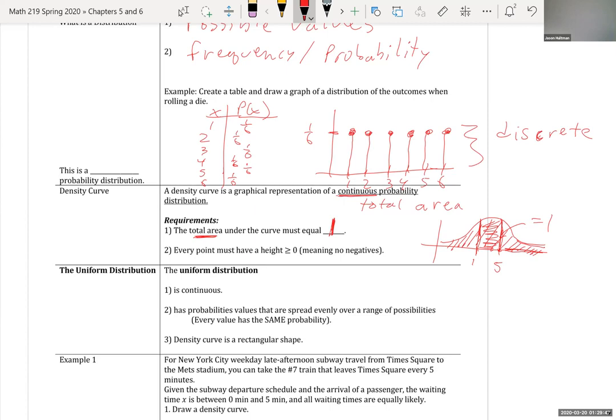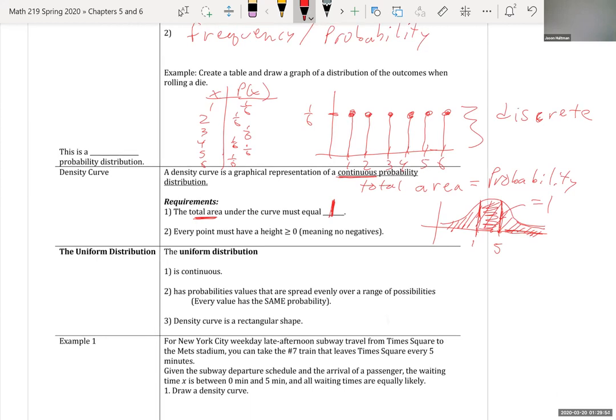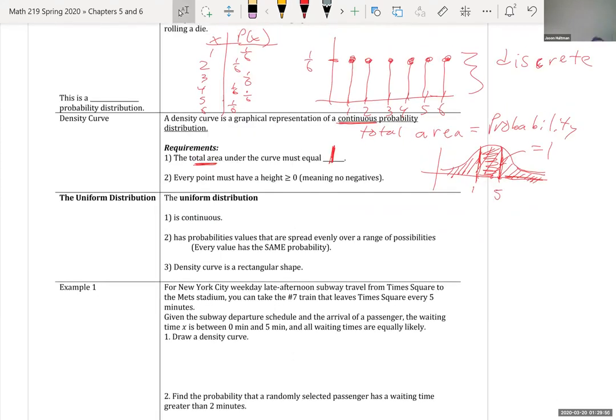Total area equals probability. The uniform distribution is continuous. Now this distribution that I drew here is not uniform.